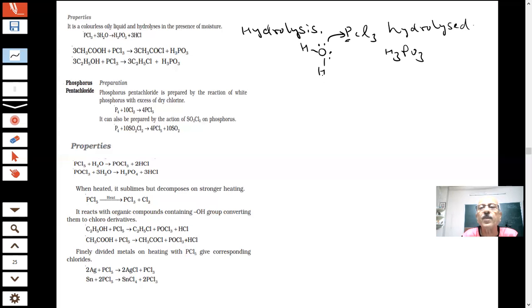So it is hydrolyzed to orthophosphorous acid, H3PO3. We are going to discuss the acids.